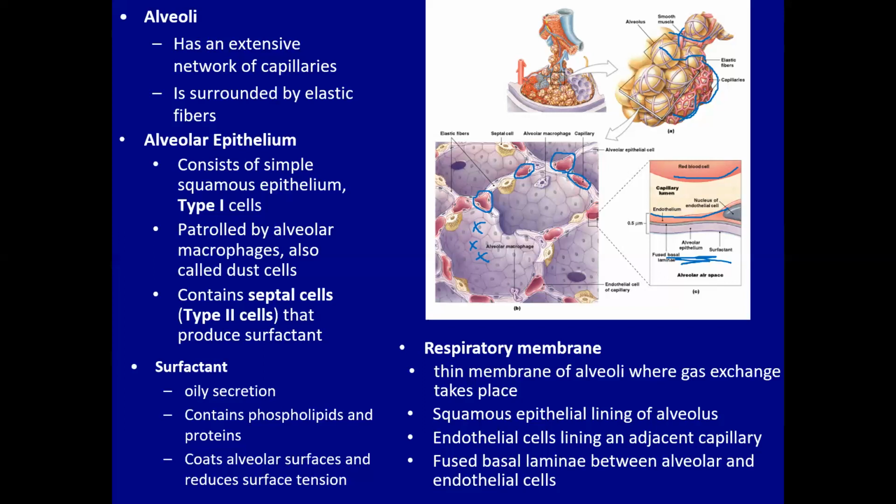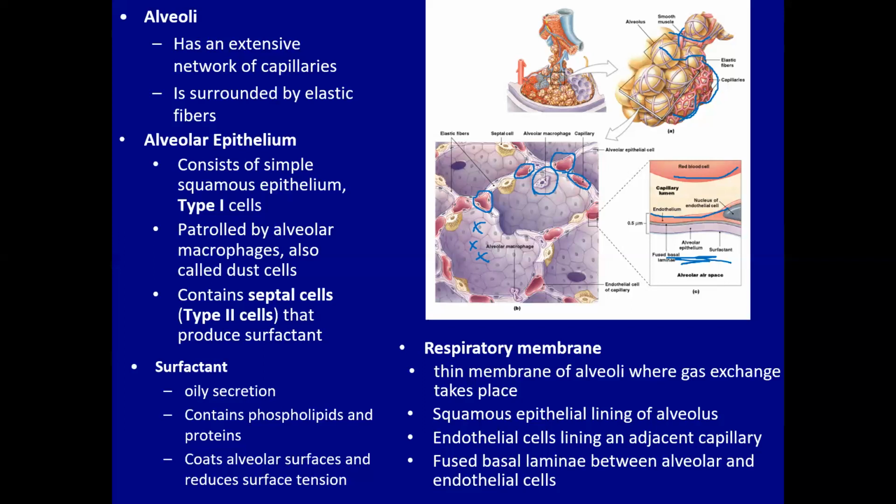I want you to also notice that you have these free-ranging alveolar macrophages. They're free-ranging in that they're not fixed, they're not attached to a cell wall, but they stay within the alveoli. They don't leave, right? So they're there on patrol to capture anything that they can that shouldn't be there.